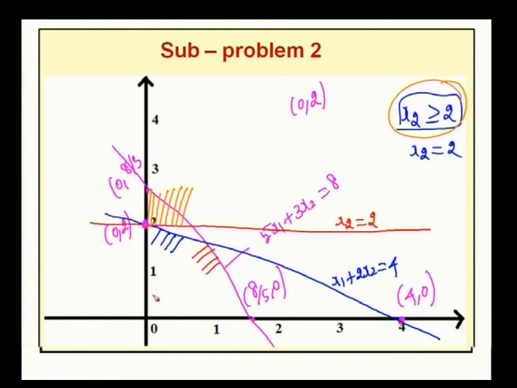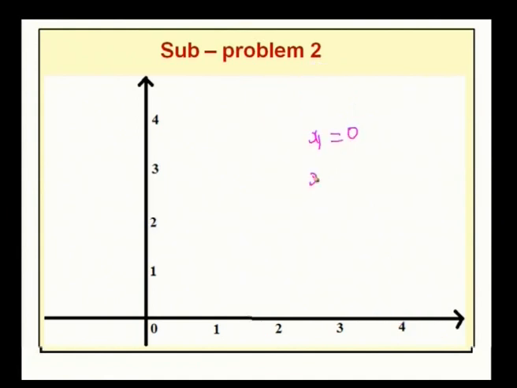Since our feasible region consists of only one point, for subproblem 2 the maximum occurs only at this point (0, 2). Therefore, for subproblem 2, the optimal solution is x1 equal to 0 and x2 equal to 2, with maximum z equal to 4.